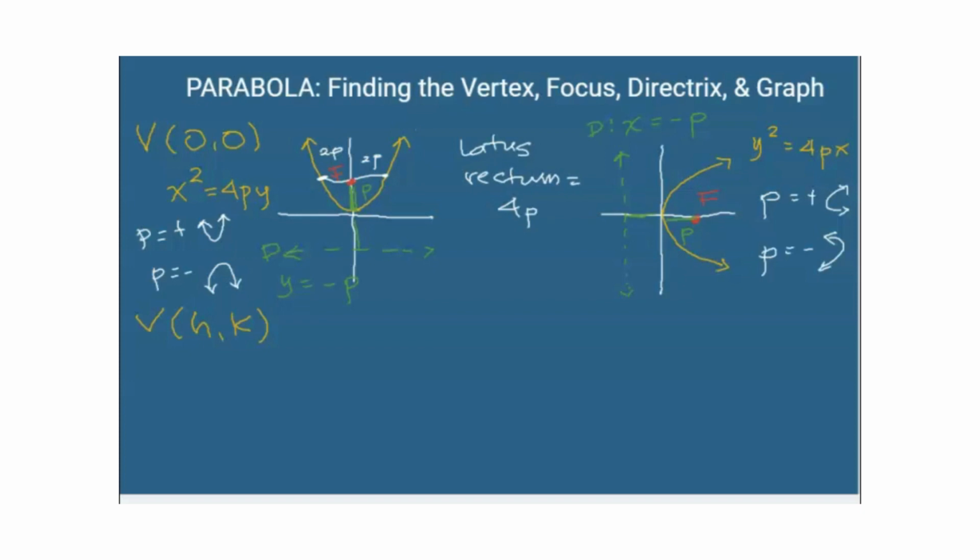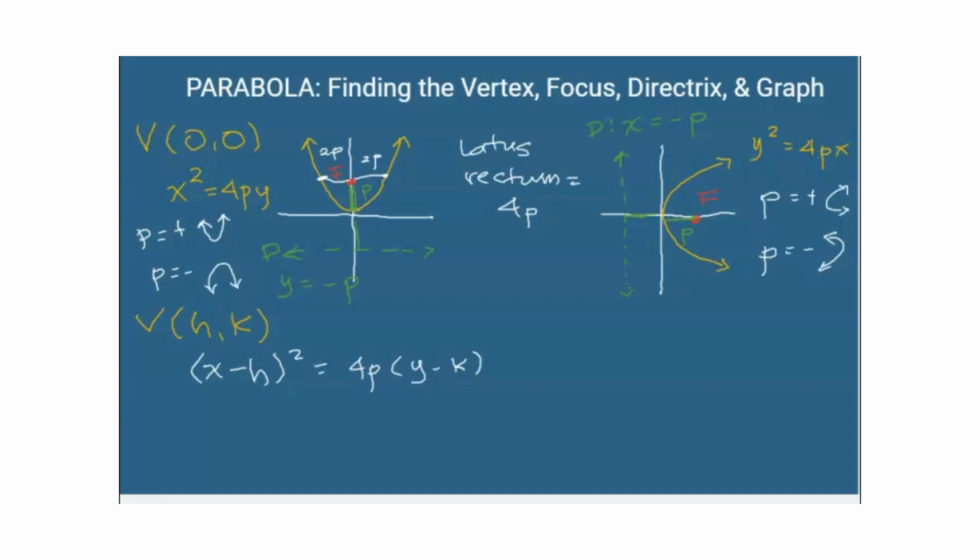Now, if our vertex is not at the origin, it's at h, k, what will happen to our equation? So let's start with the parabola that opens upward or downward. The equation would become x minus h squared is equal to 4p, and the y will be y minus k.